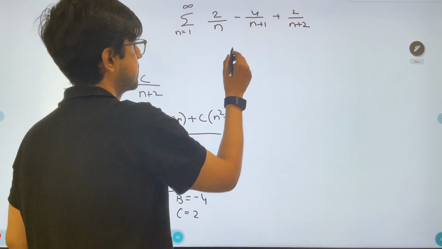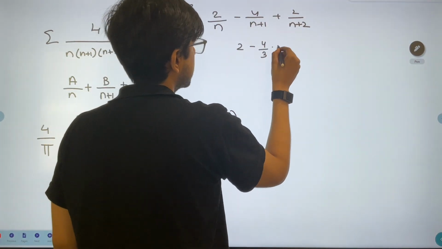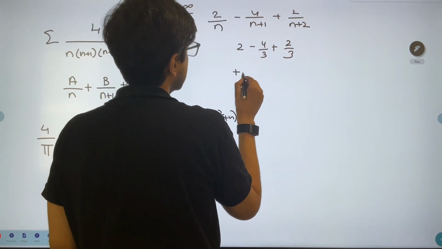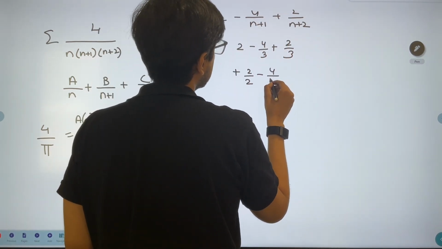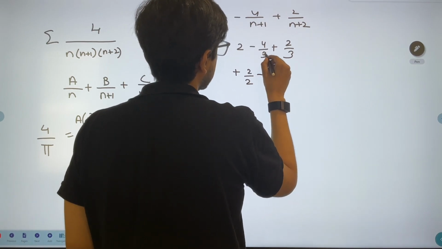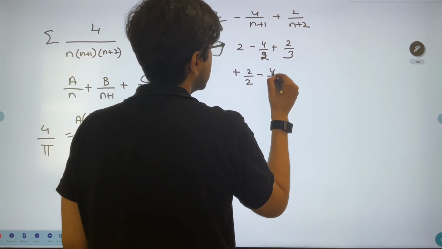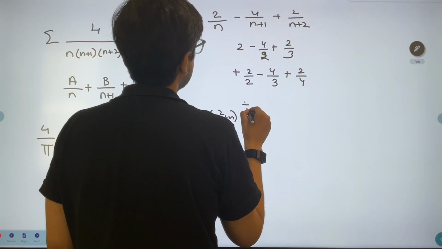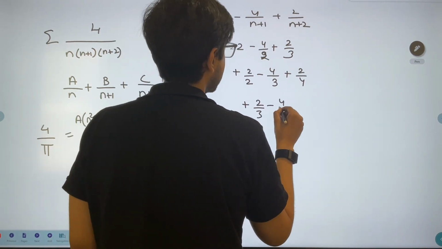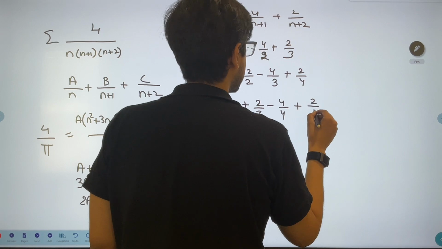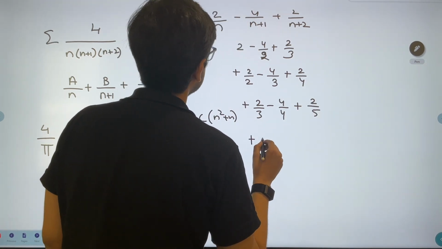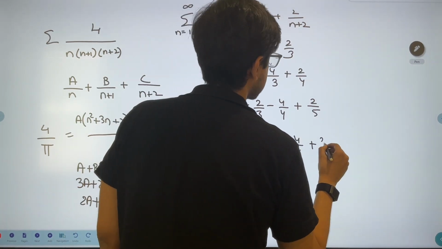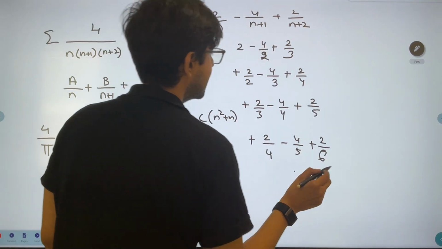So let's write every term, right? When I put n is equal to 1, I get 2 by 1 minus 4 by 2 plus 2 by 3. For n is equal to 2, I get 2 by 2 minus 4 by 3 plus 2 by 4. Then 2 by 3 minus 4 by 4 plus 2 by 5, then 2 by 4 minus 4 by 5 plus 2 by 6, and so on.